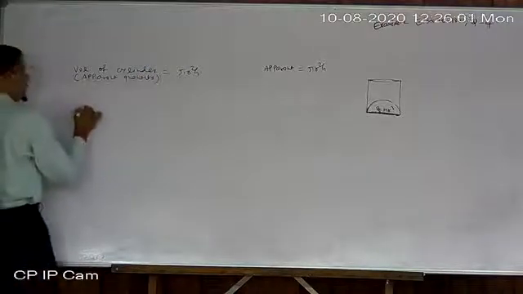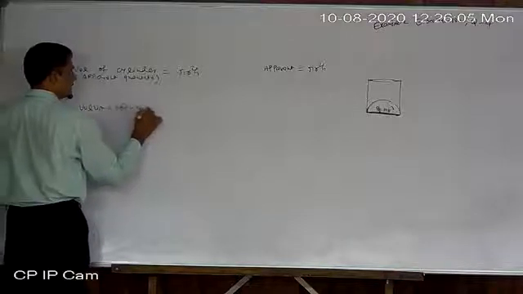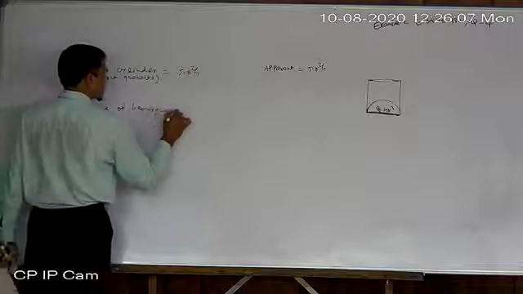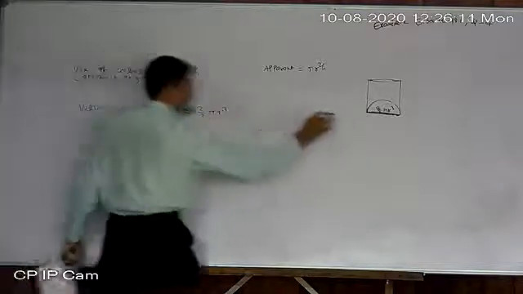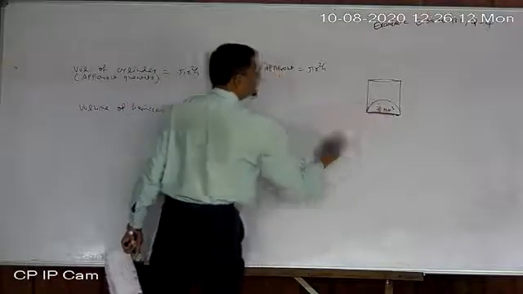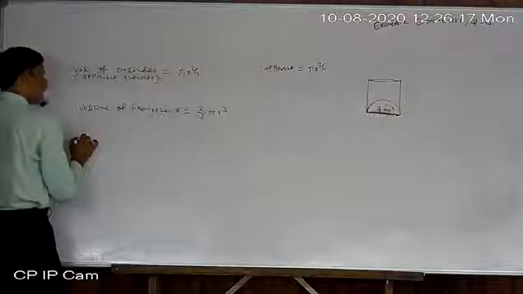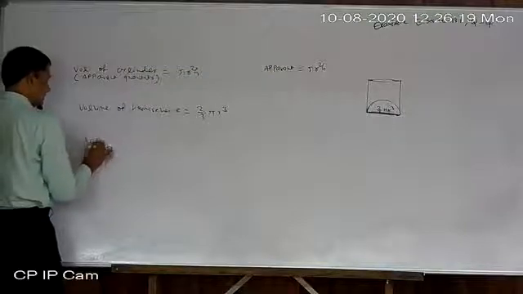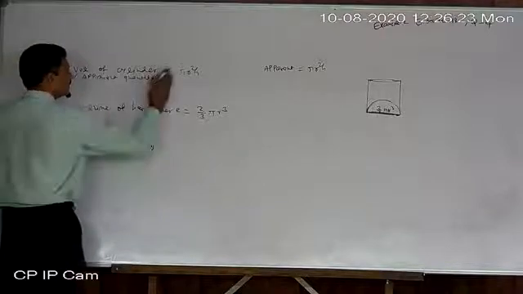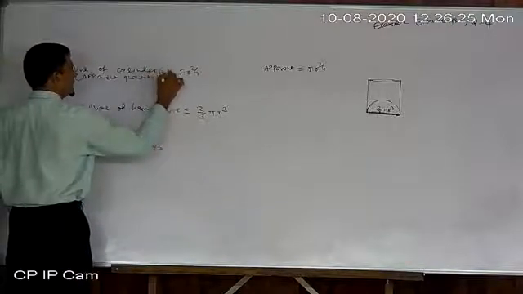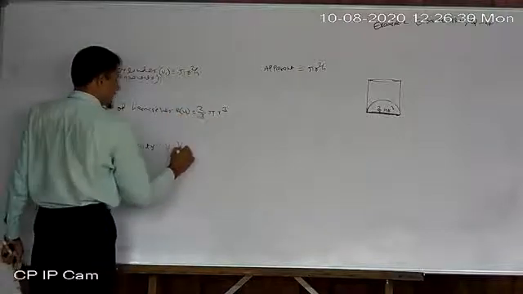Now find the volume of the hemisphere. It will be 2 by 3 pi r cube. Sorry, I have written here 4 by 3, but actually it is 2 by 3. Now what will be the actual capacity? The actual capacity will be V1 minus V2. Why V1 minus V2?